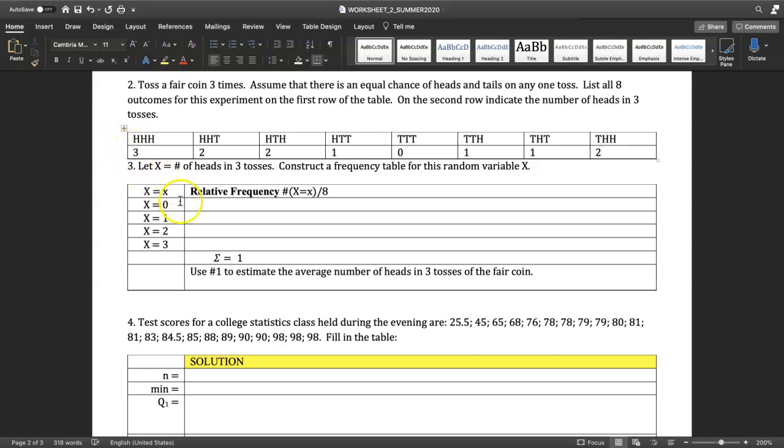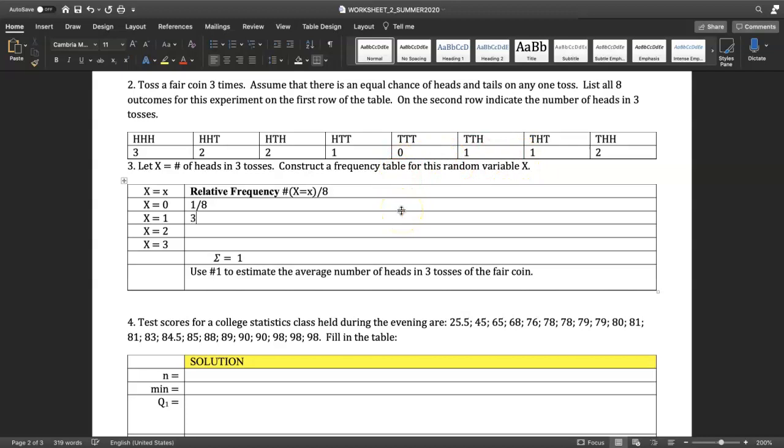Okay, now in number 3, we're going to look at the coin toss, and there were no heads in only one of these 8 outcomes up here. So the relative frequency of observing no heads would be 1 over 8. Similarly, for x equal to 1, we see that there are 3 outcomes here.